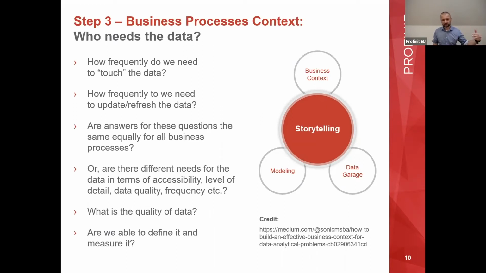Customer servicing requires high availability of the data. The data needs to be fresh. I need to know the last event which happened in relation to a specific customer. Very likely, I will need high quality and a big level of detail of this data.